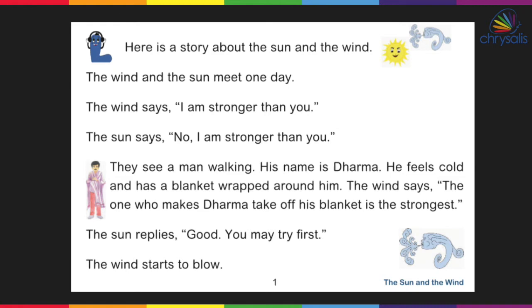They see a man walking. His name is Dharma. He feels cold and has a blanket wrapped around him. The wind says, the one who makes Dharma take off his blanket is the strongest. The sun replies, good, you may try first. The wind starts to blow.